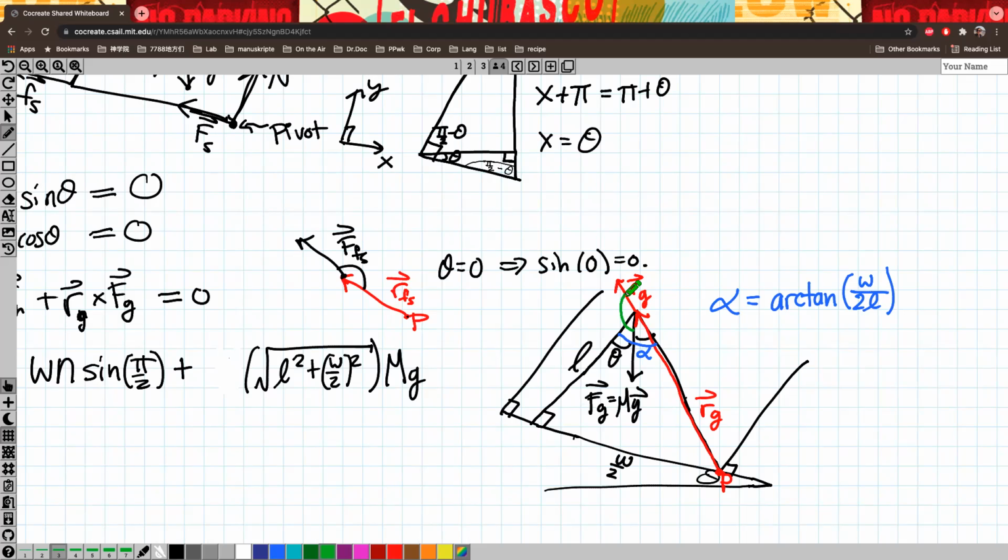It's 180 minus... Okay, so this angle, let's call that beta. So beta equals 180 minus alpha plus theta, right? Because you want to take away the alpha and then add back the theta.